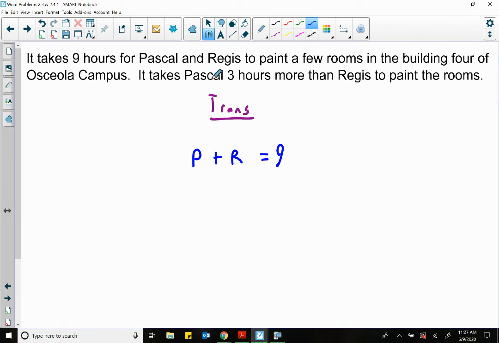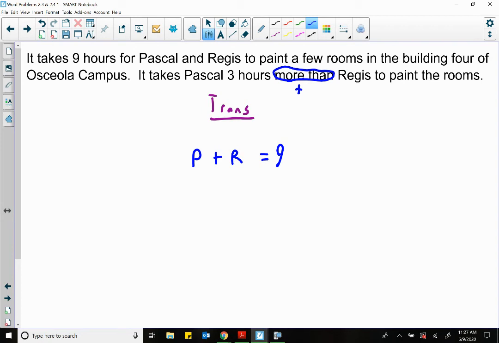So if you're thinking about this, up here, who does it take longer to paint? Pascal or Regis? Hopefully you said Pascal. And your equation needs to reflect that. Pascal is the one that takes the longest. 3 hours more than Regis, this more than means to add. Less than means to subtract, more than means to add.